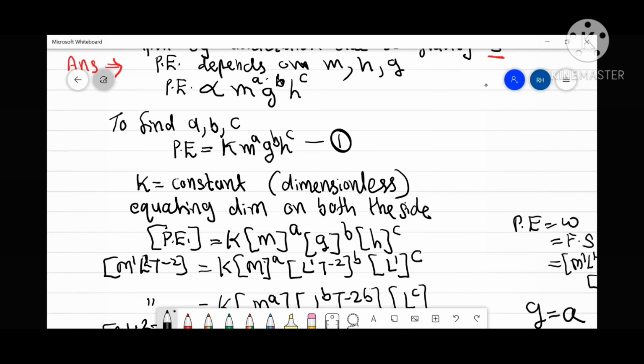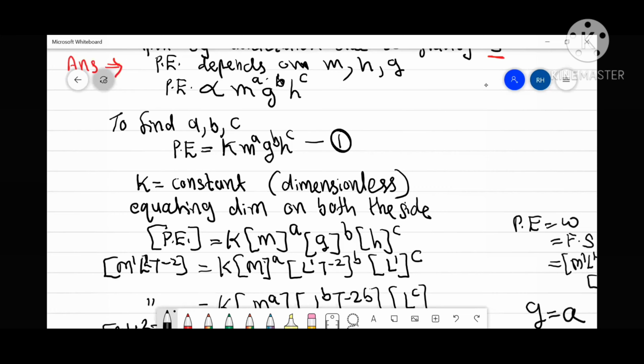Next, potential energy is similar to the dimension of the work, and the work formula is force into displacement. You are perfect in force, then write the force dimension into the distance, and that will come here M raised to 1, L raised to 2, T raised to minus 2. Another way, learn the dimension of the work and directly write here.